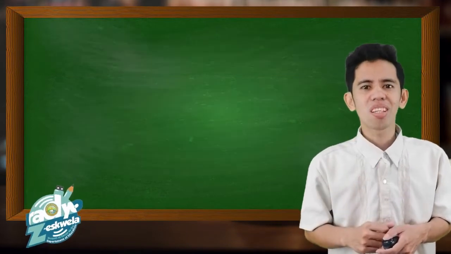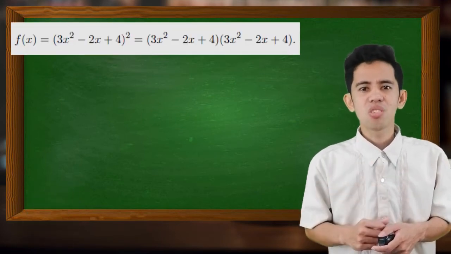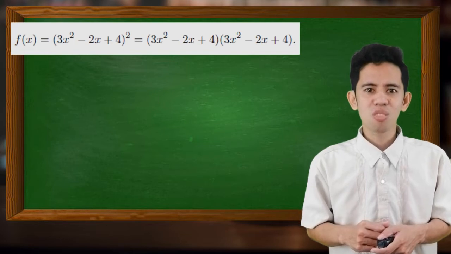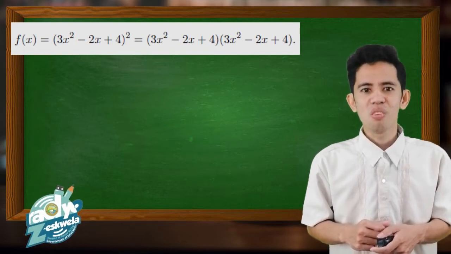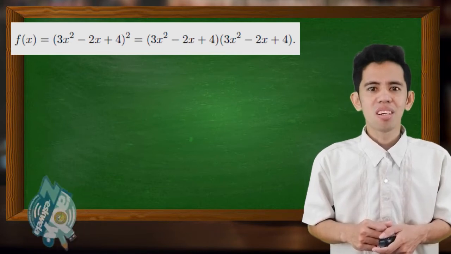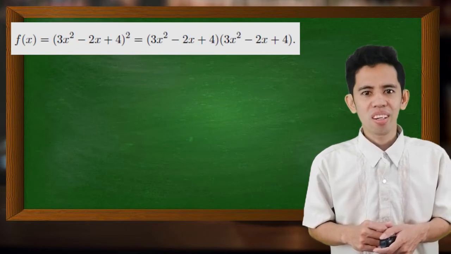Or we can use the product rule. f of x is equal to 3x squared minus 2x plus 4 times 3x squared minus 2x plus 4.